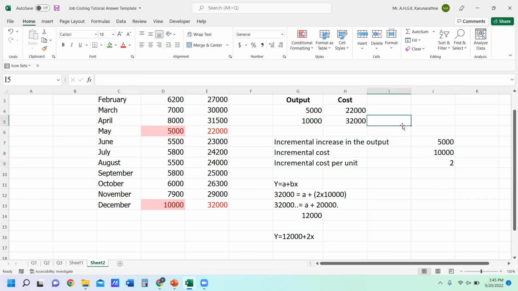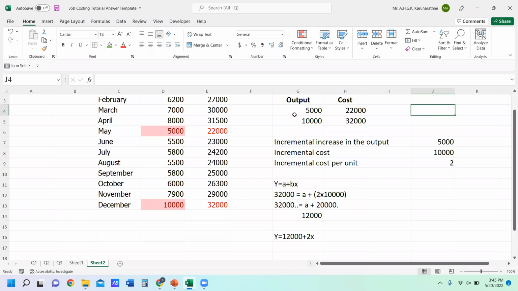But be careful. Sometimes when you increase your output level from 5,000 to 10,000, the total cost change is 10,000, but the scenario might explain that when the output level increases beyond a certain capacity level, the company will have to incur an additional fixed cost, or incremental fixed cost, of let's say 2,000.